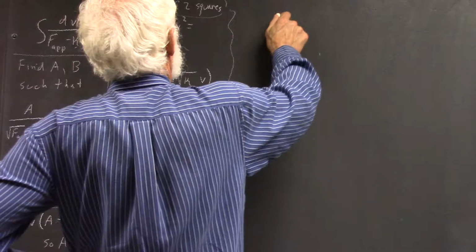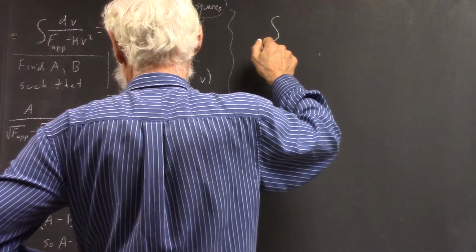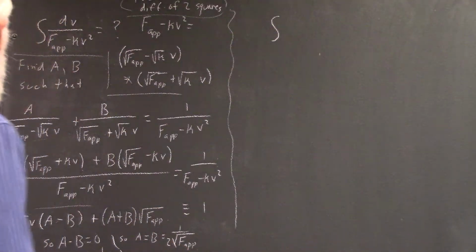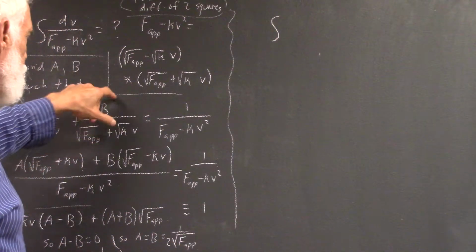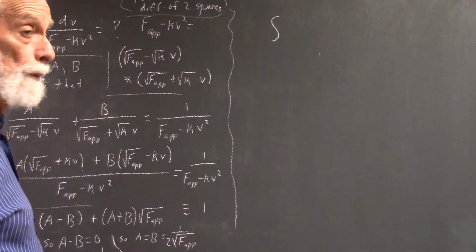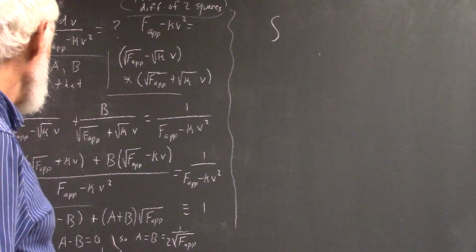So the integral of a over this plus b over this, where a is 1 over 2 square root of f out, and that's b.